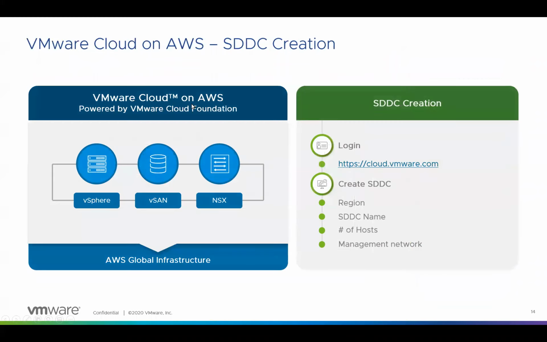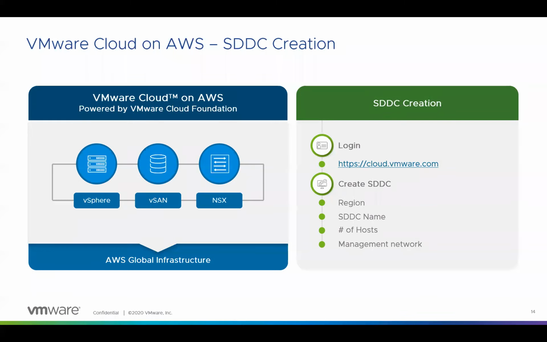Now, the next thing is the creation of the VMware Cloud on AWS SDDC. The creation of the SDDC is very simple. All you need to do is log into cloud.vmware.com, select the region in which you want to create an SDDC, select a name, choose the number of hosts. The minimum number of hosts is 3, and then choose a management network.